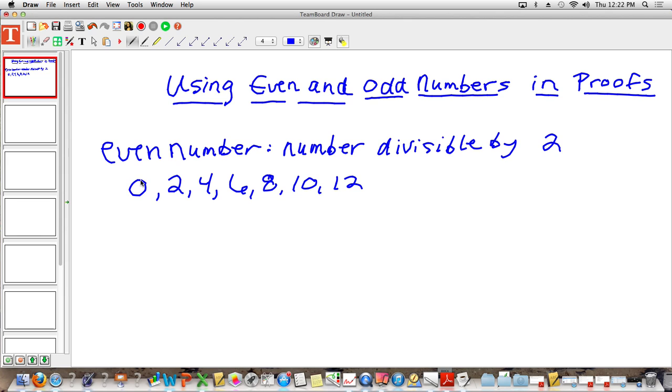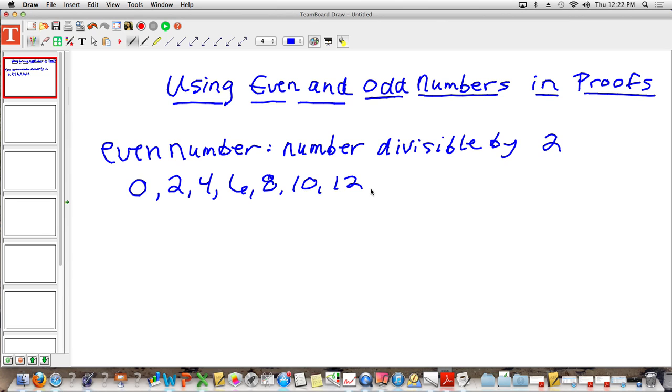We are using the rule X times 2, and that is what we're getting to right now.